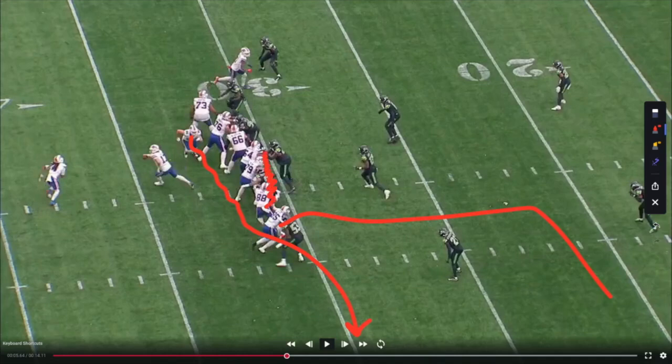Dawson Knox is doing what I talked about. He's running the trail. And then I think Deion Coleman from the backside is running the over. So you're going to see all of these elements. The way that we usually read this is 1, and then depending on the look over the top, we're either going to go 2 or 3.